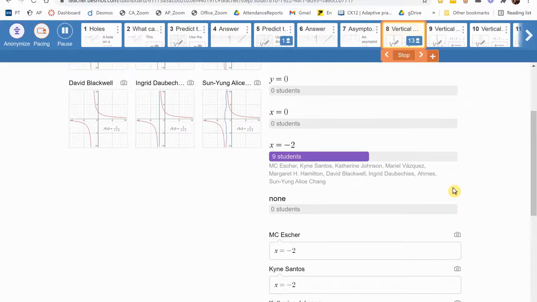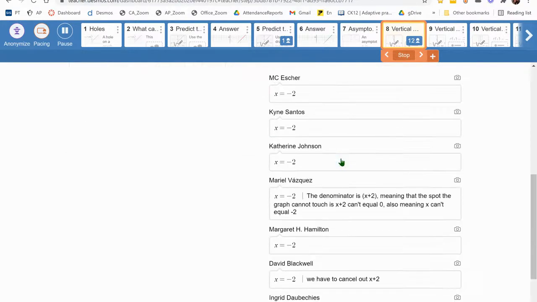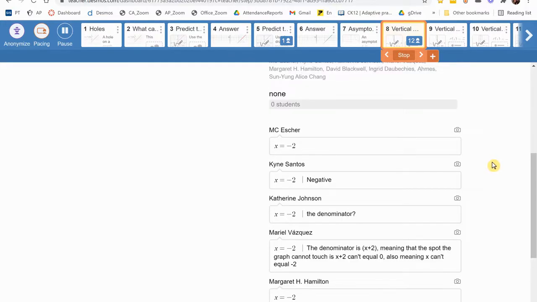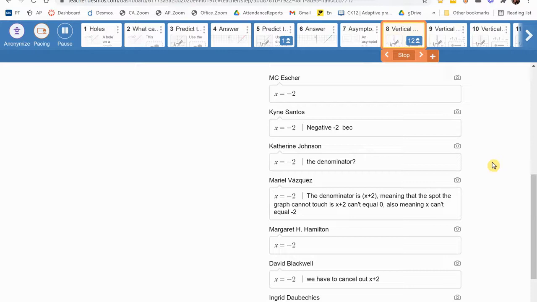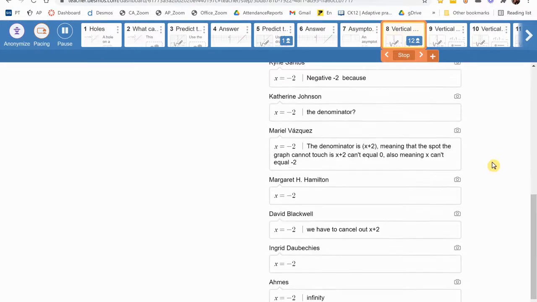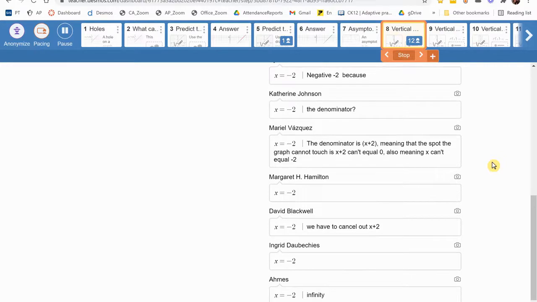Good. I've got 9 students who have all chosen the correct answer, and that's 100% of you that are participating right now. So good job. And I see a lot of people just giving me the answer and not telling me why, though. So I really want you to challenge yourself to look at that equation and say, why is x equals -2 the correct answer? Why is that the important piece?